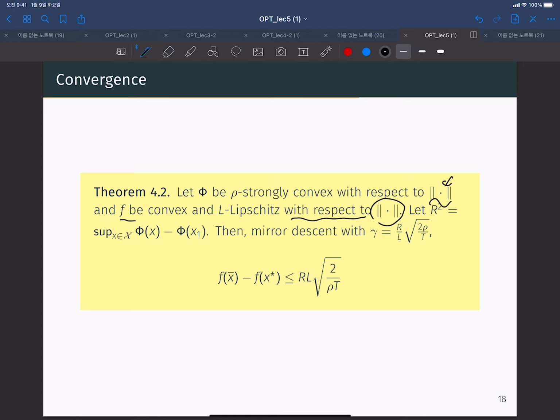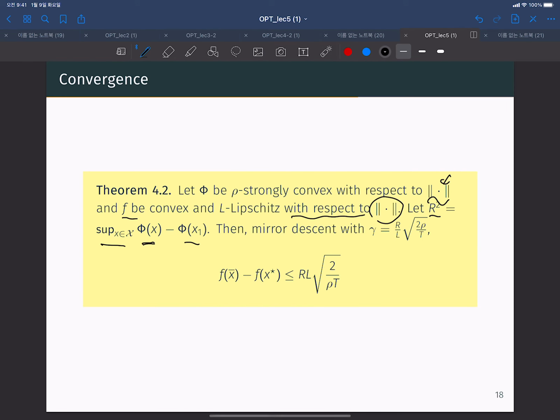And we let R squared be equal to the supremum of pi(x) function value minus pi(x1) function value, which is basically the diameter of your mirror map function. Then the mirror descent algorithm with this step size can guarantee this.